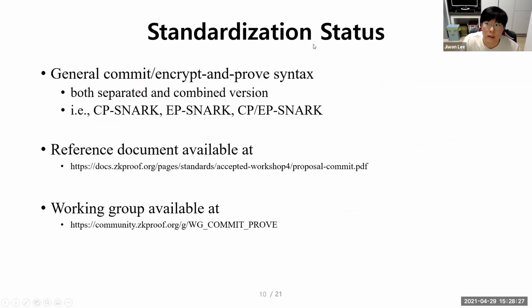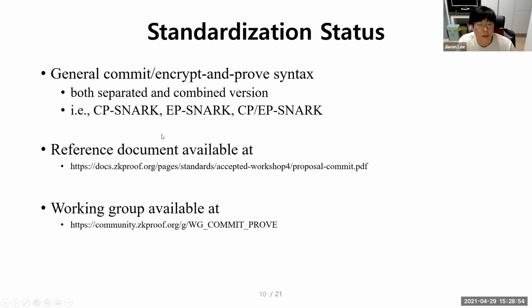So I guess this is what we've basically been doing since last year. These are all defined in the reference document. We made some general commit and encrypt improve syntax in the documents. And we made both separated and combined versions, meaning that we have defined separate CP SNARKs and separate EP SNARKs, and also CP and EP SNARKs that could accept both the commitment and the encrypted ciphertext as input.